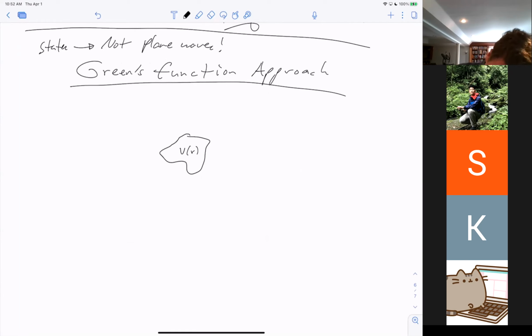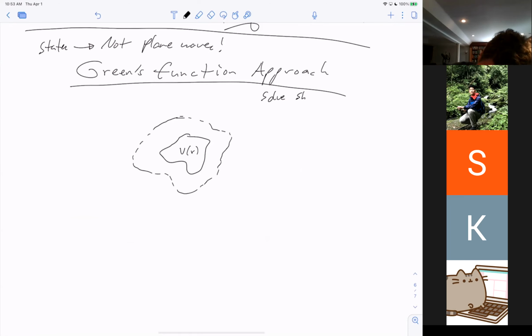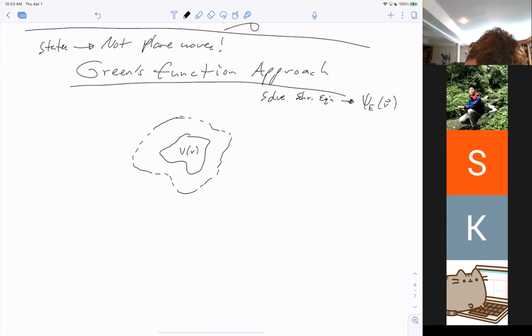Basically, I can solve the Schrodinger equation to get the wave function at all points in space for E greater than 0, because remember, scattering is all about the positive energy wave functions.